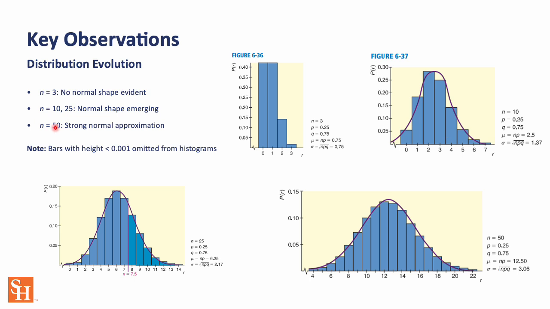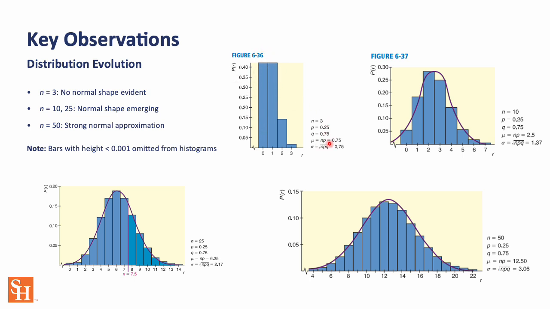So now let's see what happens when we have large n. Here, the original distribution for all four is a binomial distribution, but for the first case we have n equal to 3, right? And for this case, you can see the distribution doesn't look like a normal distribution.